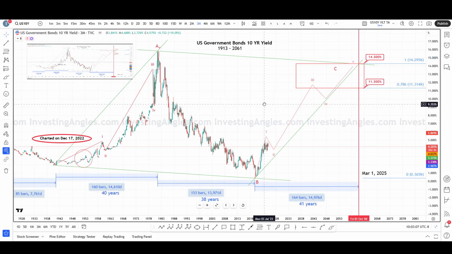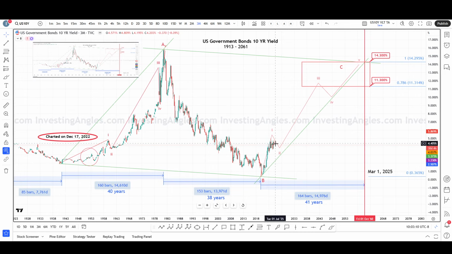And if you look at the historical projection perspective, we can see that somewhat similar rate stability was here during wave 2, and these were the years 1958, 1963. So this is a very similar period of time. So we might see an extended period of stabilized rates before they continue to move higher.